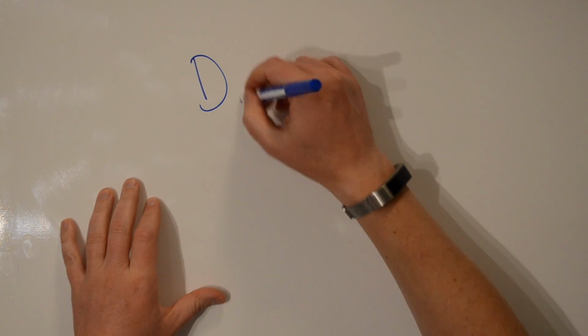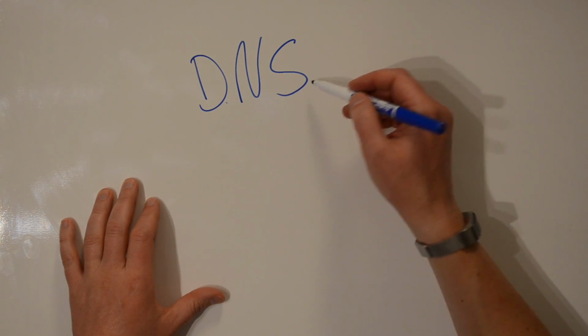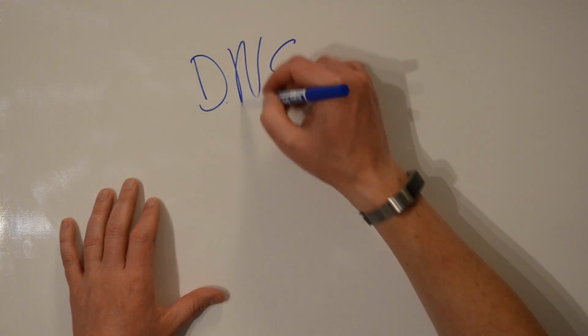We invented a thing called DNS, which stands for the Domain Name Service, or Domain Name System. And what the DNS does is gives us a directory to match names that we humans can remember with numbers that the computers actually need to talk to each other.